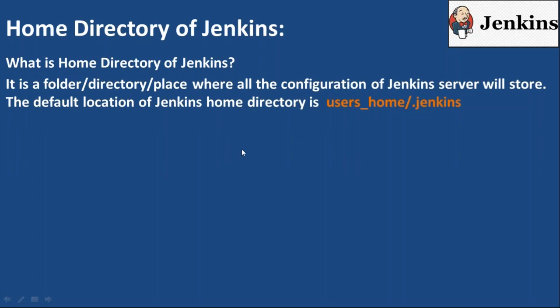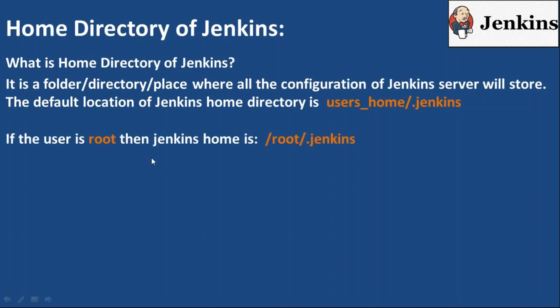In case we take root as the user, what is the default home directory of our Jenkins server? If we run our Jenkins web application with root as the user, then the home directory will be created under the home of our root user, that is /root/.jenkins, but this is a hidden directory, that's why .jenkins.